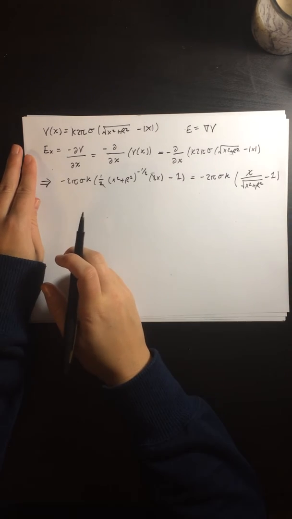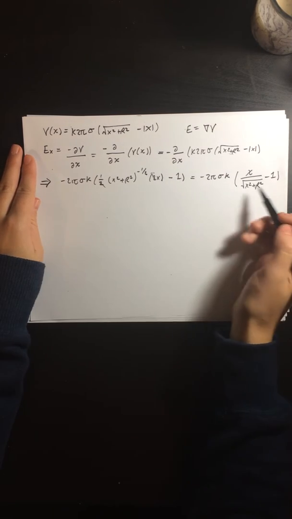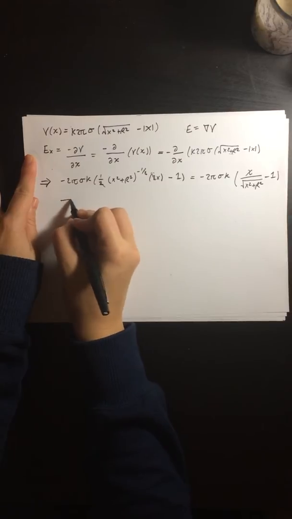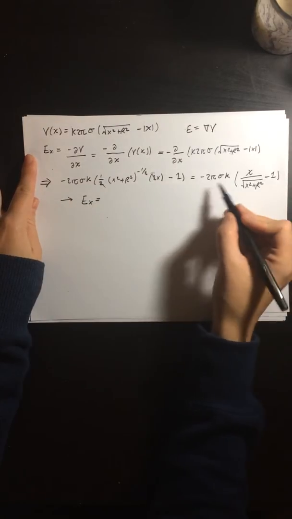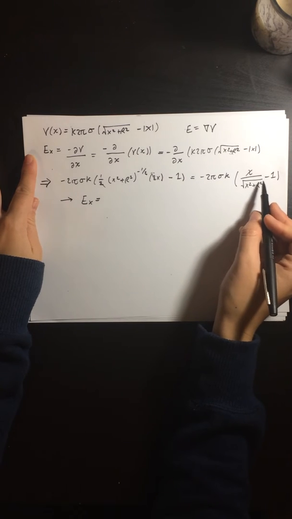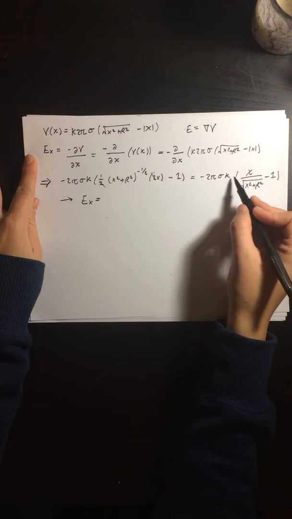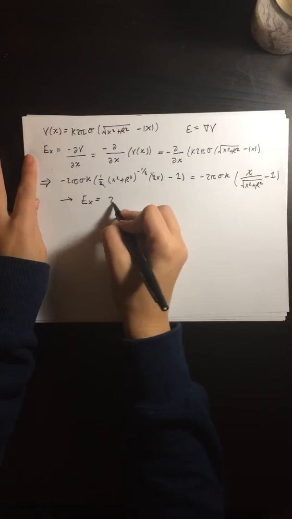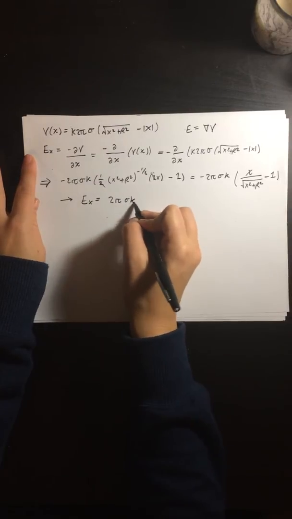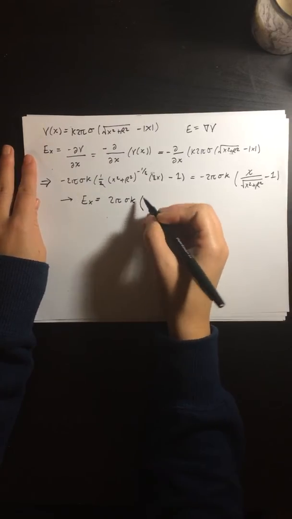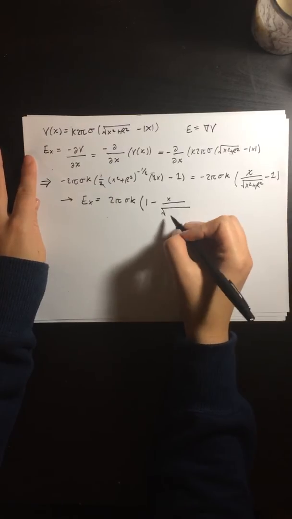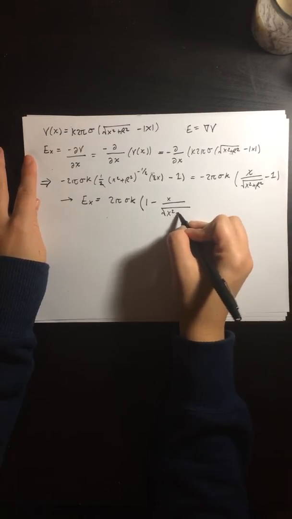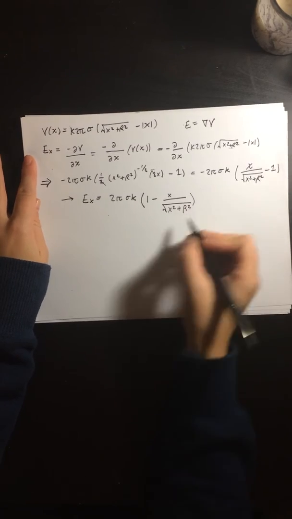And then if we want to write this a little bit better, we've got Ex equal to, let's pull this negative out and move it over here. So then we get 2 pi k, charge density k, times 1 minus x over the square root of x squared plus r squared.